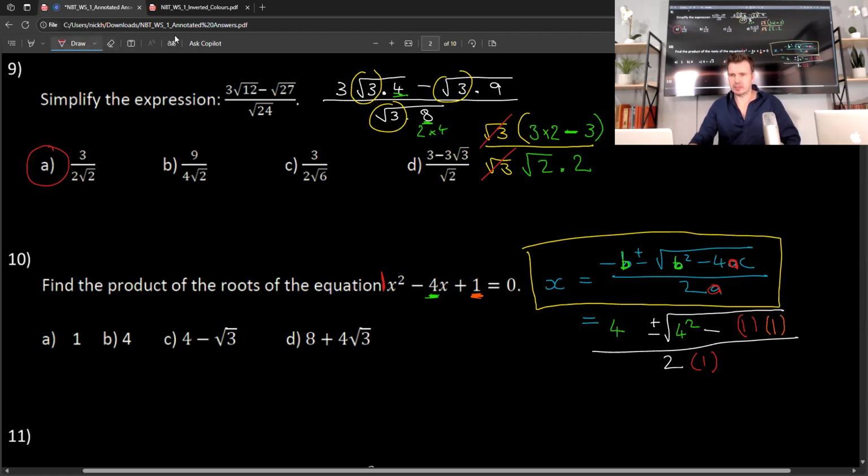Now that I've done that, I'm just going to save time and not keep doing the colors. So that's 4 plus or minus the square root of, now 4 squared is 16, minus 4, that's 12. No, sorry, I'm putting the answer. 16 minus 4 is 12. From above, we remember 12 is 2 root 3.